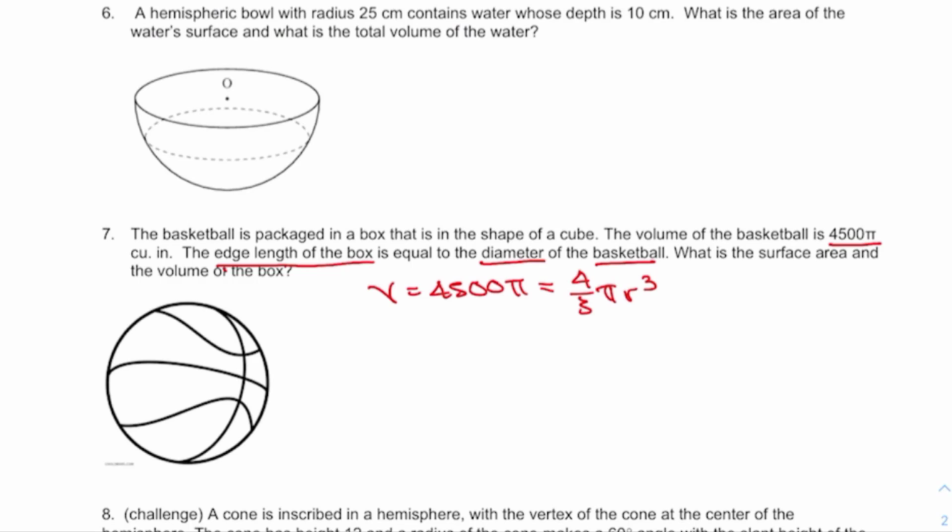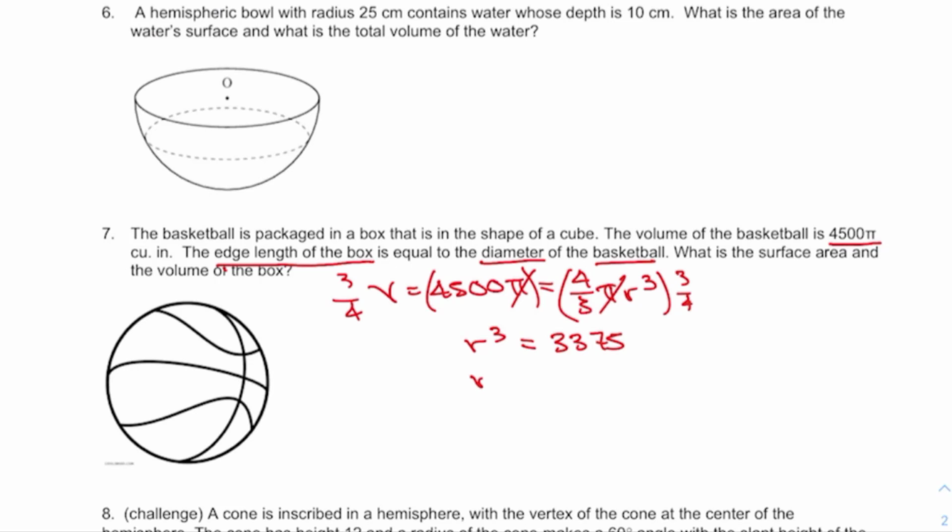If I simplify this, divide both sides by pi, and multiply this whole thing by 3/4, my r cubed is going to equal 3375. Then I take the cube root of both sides, or figure out what times what times what is equal to 3375. It works out nicely as 15 is my radius.